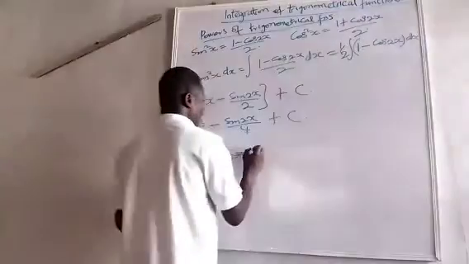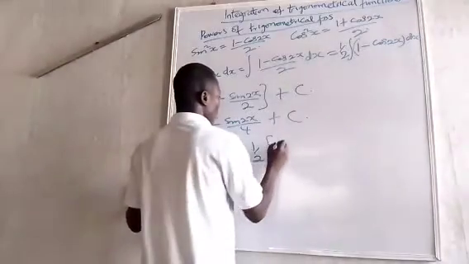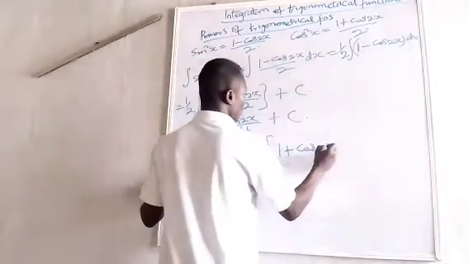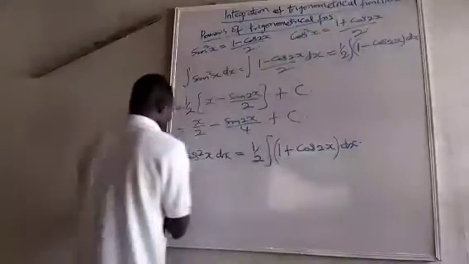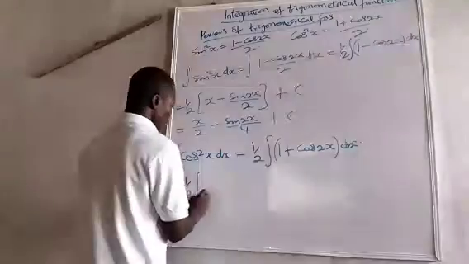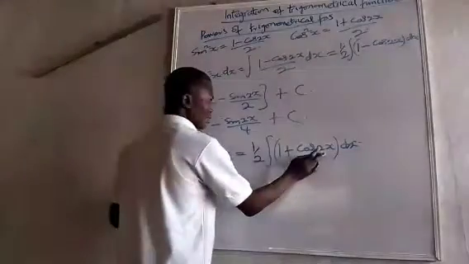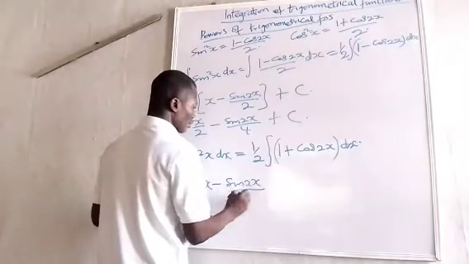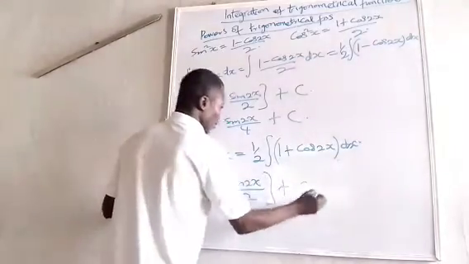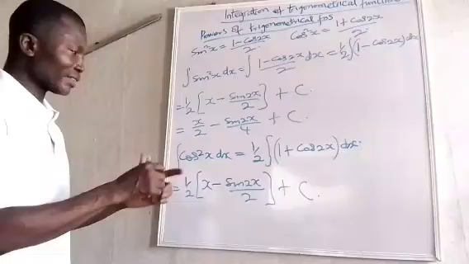It's the same thing as half the integral of 1 plus cos 2x dx. So this one is going to give me half into x, and if we integrate this one, it's going to give us plus sine 2x over 2. That makes our work very easy.